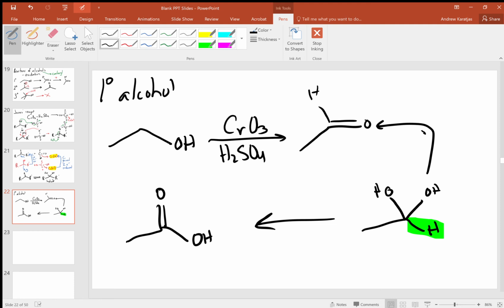Now you might ask, why is this relevant? Because we said only a tiny percentage of that aldehyde is actually going to form the hydrate. But if we think back to what we've learned about equilibrium, any small amount of this hydrate that gets formed is going to get oxidized to the carboxylic acid.